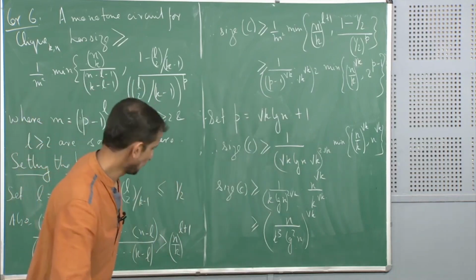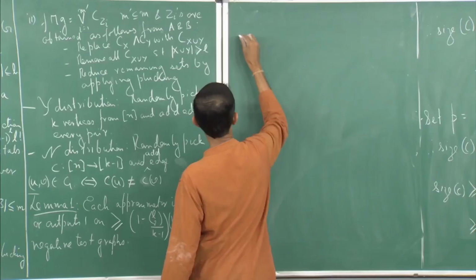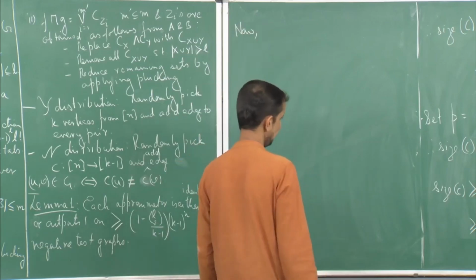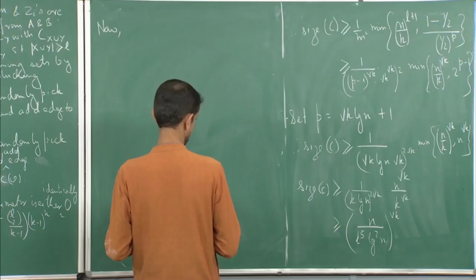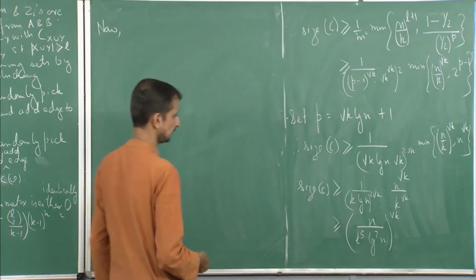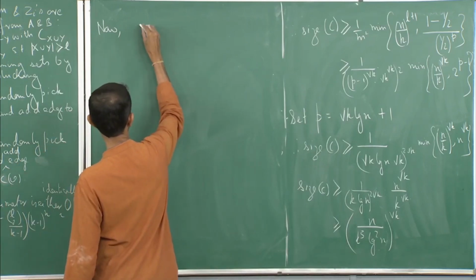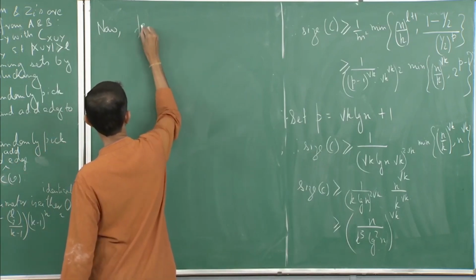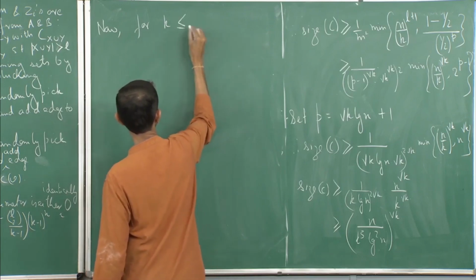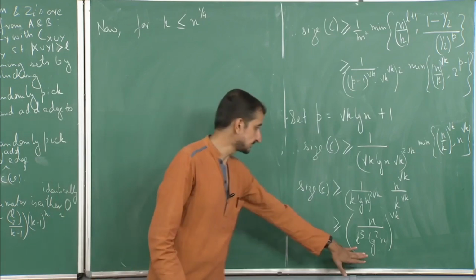Okay. So now observe that when is this entire quantity bigger than n? Note that for k less than n to the power 1/4, this inequality holds.